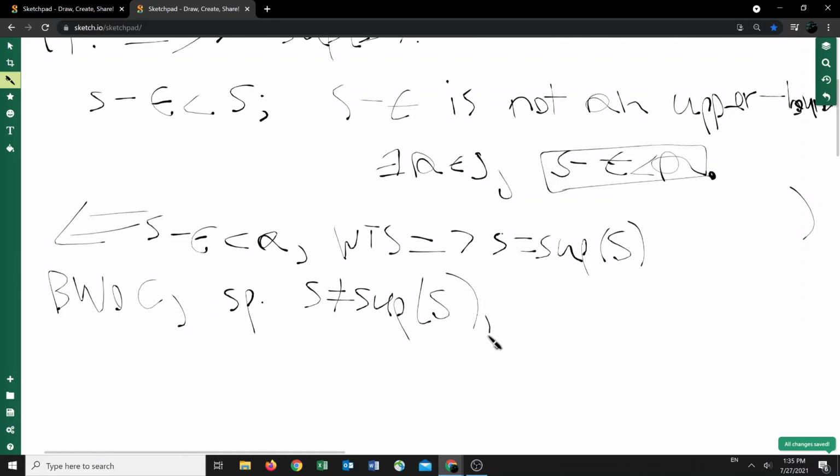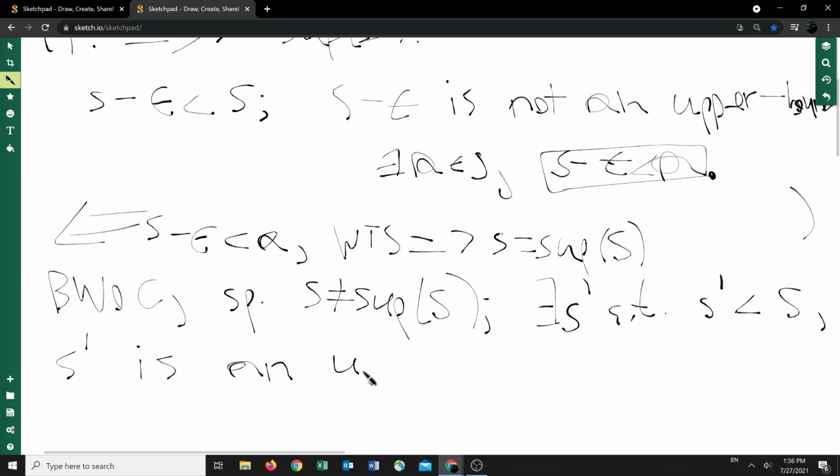Well, that tells us that there exists, let's call it S prime, such that S prime is less than S, and S prime is an upper bound for S. Well, now let's take epsilon to be equal to S minus S prime.